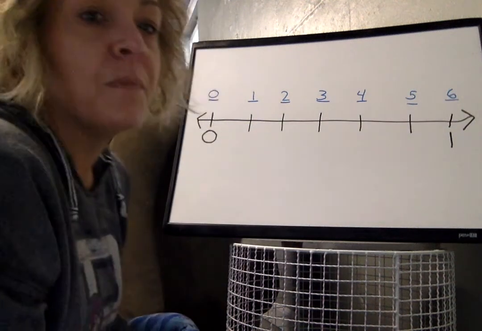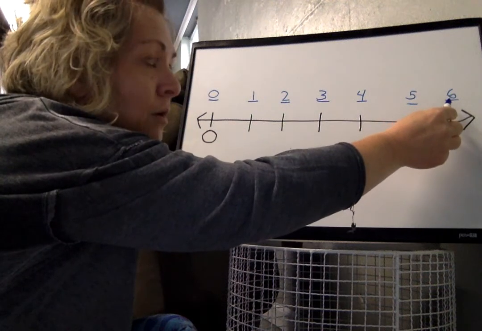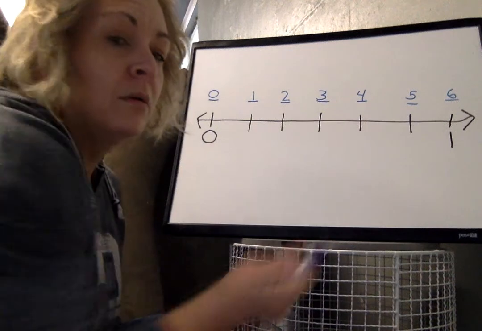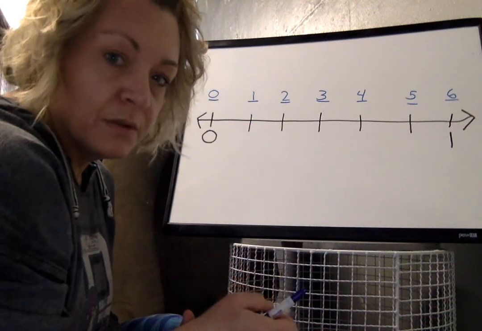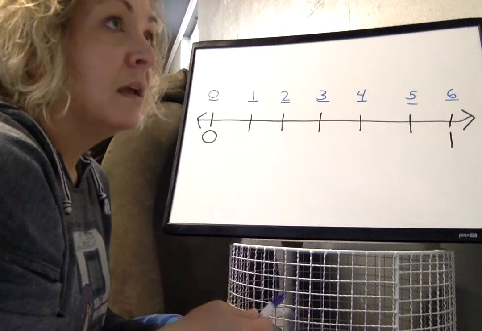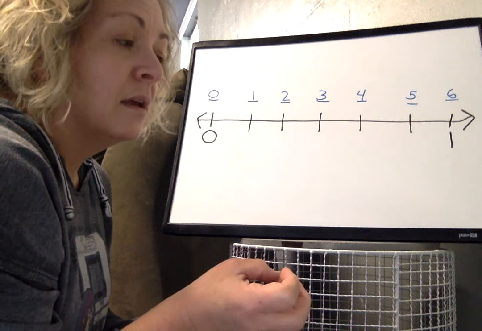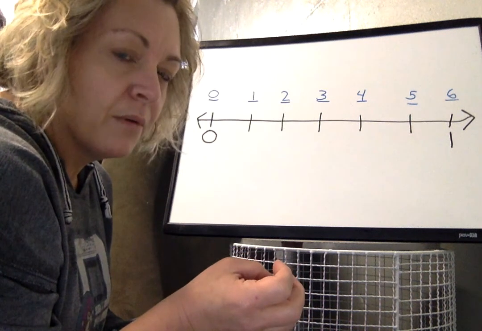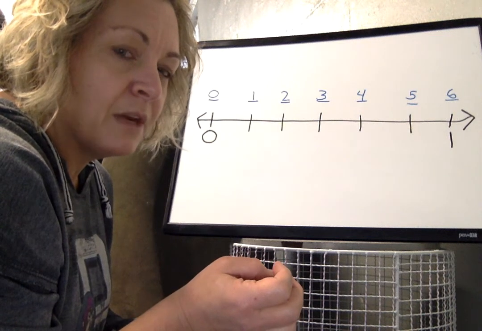Okay, now, if we wrote 6 as the numerator here, in order to make 1 whole, how many total parts would there be? 6. Wyatt, remember? If the numerator is 6, what would the denominator have to be?